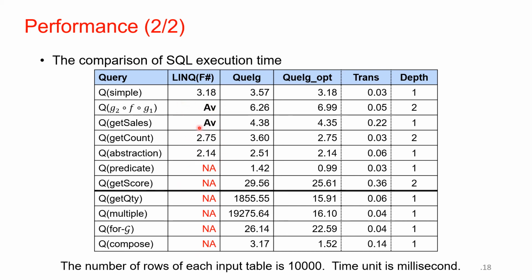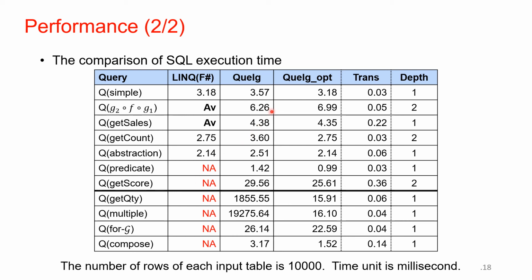Here, AV means query avalanche, that is, too many SQL queries were generated due to the n+1 query problem we mentioned in this talk, and cannot be executed within a reasonable amount of time. NA means not available, that is, the query cannot be executed in Link since the queries have nested data structures and nested grouping.